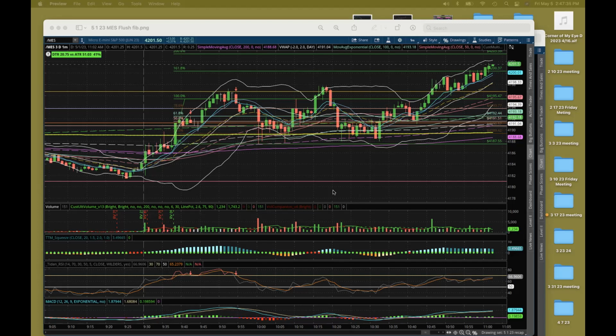Would you have adjusted your stop to break below the 200? It's funny, because you would have been maybe 4 or 5 points. Yeah, like it's five points worth it.